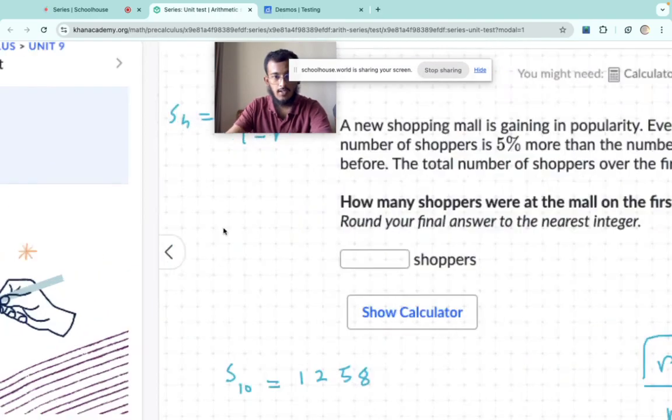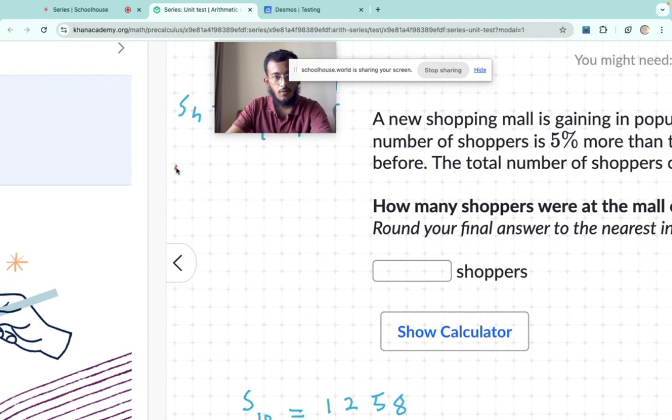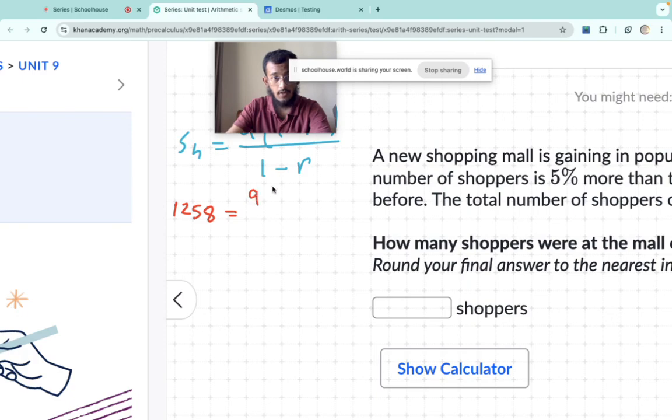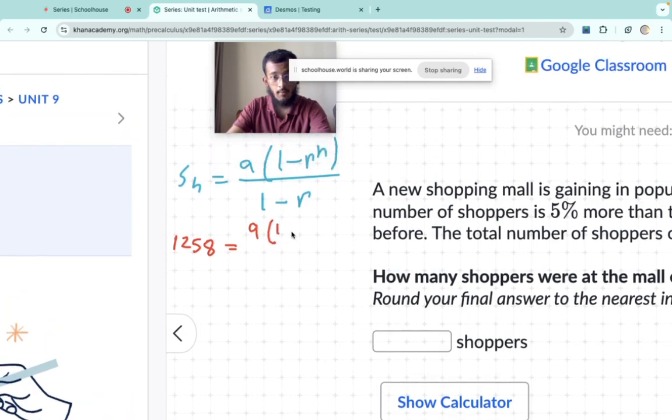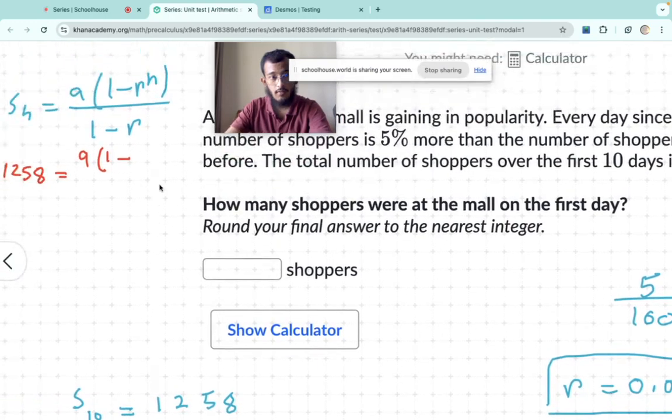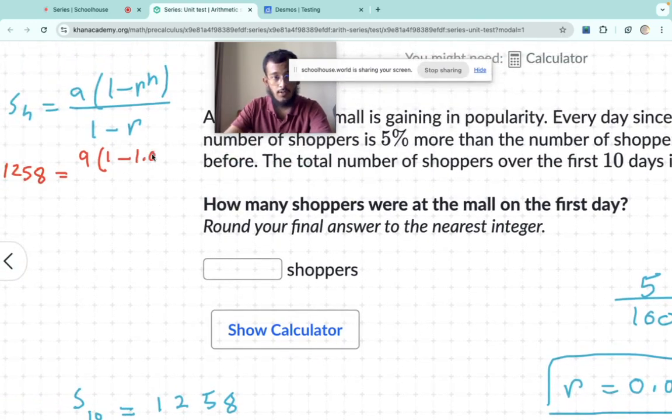So I can plug this in here. 1258 will equal a, which is what we want to find, times 1 minus 1.05 to the power n, which is 10, divided by 1 minus 1.05. And there we go.